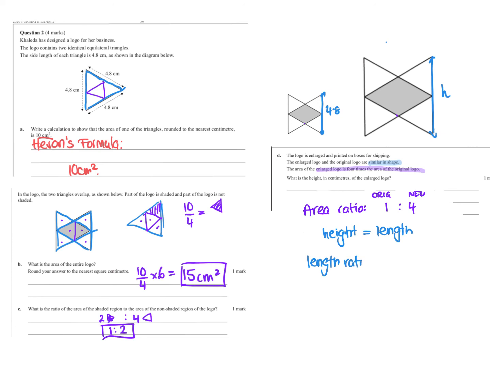If I find the length ratio, I do the square root of the area ratio, which is 1 to 2. So really, the height is 2 times larger. So 4.8 times 2, or you can still do it with your fractions and solve if you like. So we end up with the height 9.6 centimeters. So height equals 9.6 centimeters.